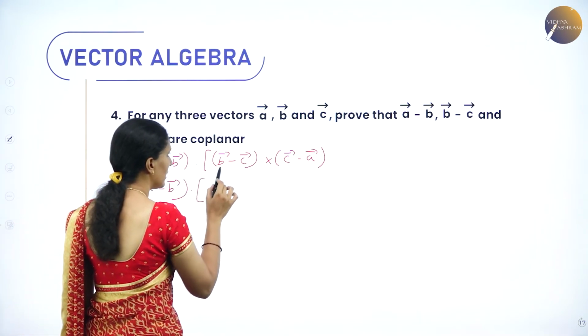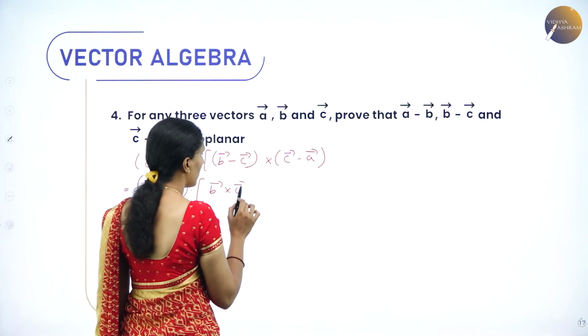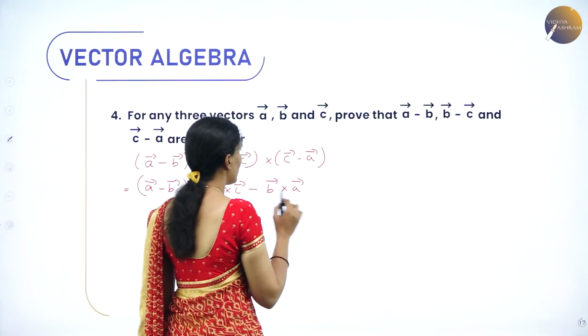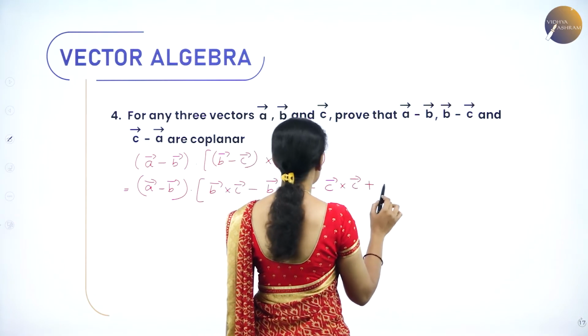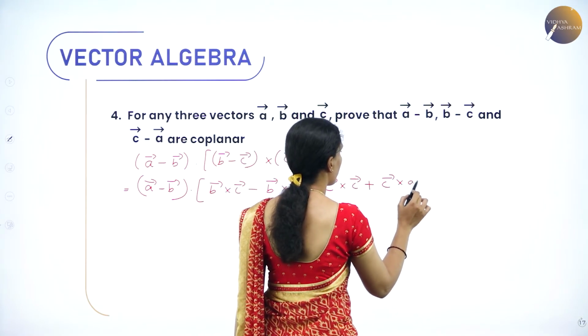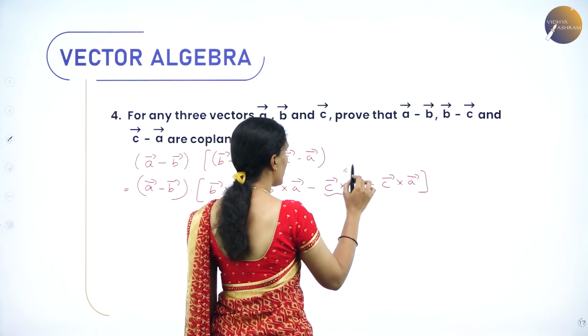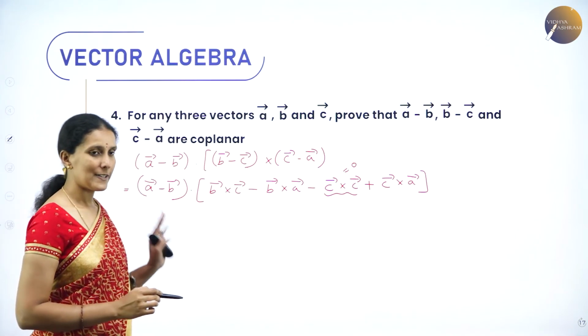So let us clear the cross product. We have b cross c minus b cross a. Next we have minus c cross c plus c cross a. So c cross c here, this will become 0 because the vector product of the same vectors is 0.